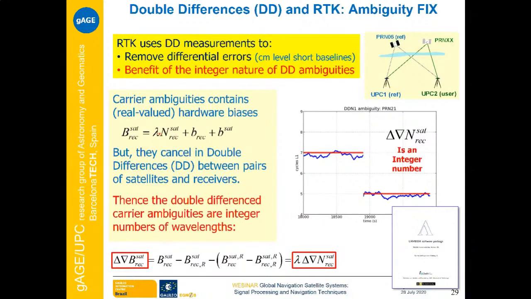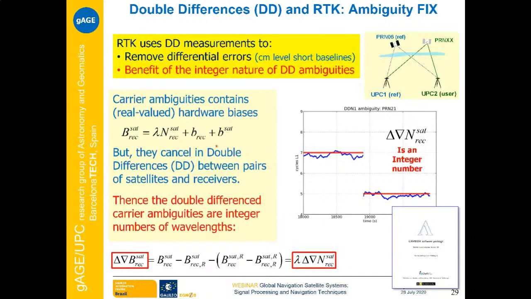The integer term n is an integer number of wavelengths. The integer term refers to both satellite and receiver, but these real valued terms, one of them refers only to the receiver and the other to the satellite. These are the carrier hardware biases.